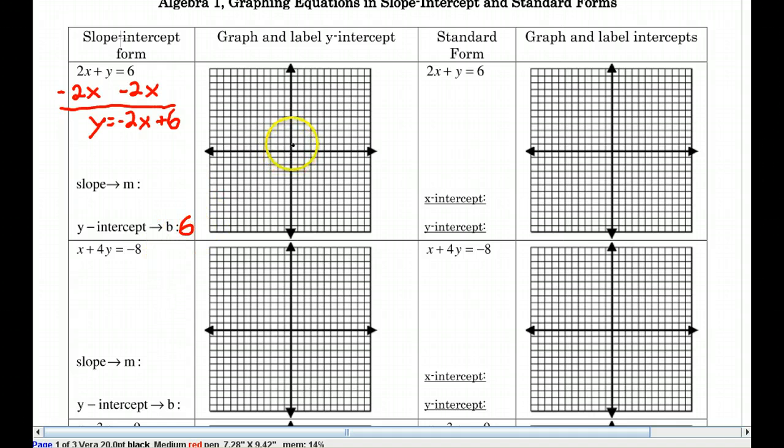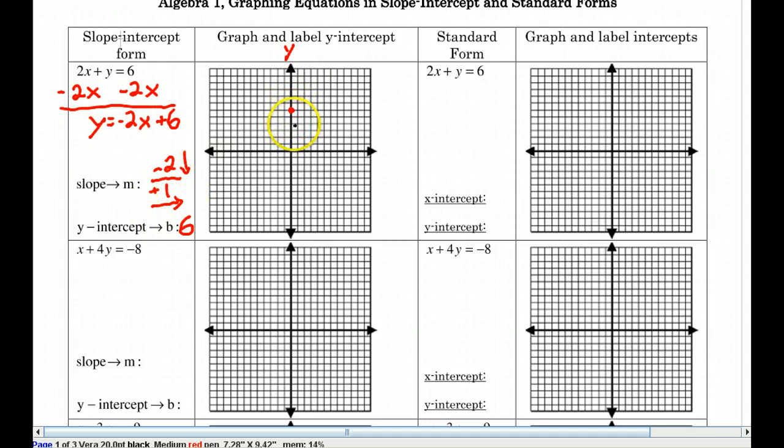Start at 6 on the y-axis. 1, 2, 3, 4, 5, 6. And the slope is negative 2, which is the same as negative 2 over positive 1. So that means we're going to go down 2 and right 1.